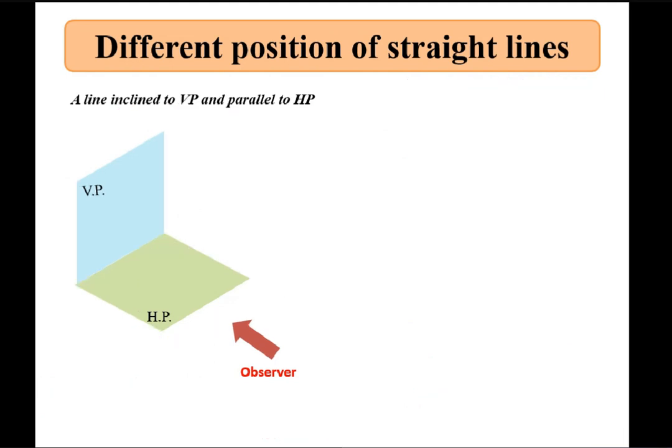So a line inclined to VP and parallel to HP now, right? Since the line is parallel to HP, I will get the true length on HP and shortened length on VP. That I should be getting, right? Yes, sir.